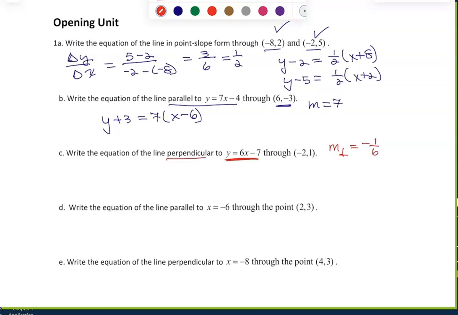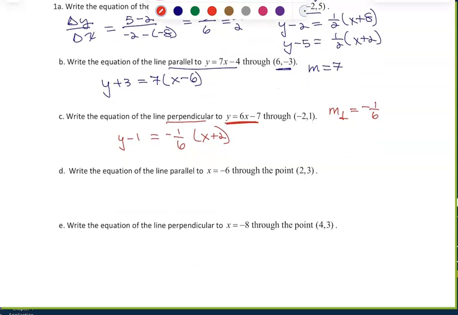If it has to go through that point, why not keep with the form of a line that we've been working with, the point-slope form, because it is great. So it's going to be y minus 1 equals negative 1/6 times (x minus a negative 2), so that's going to be plus 2. Done.